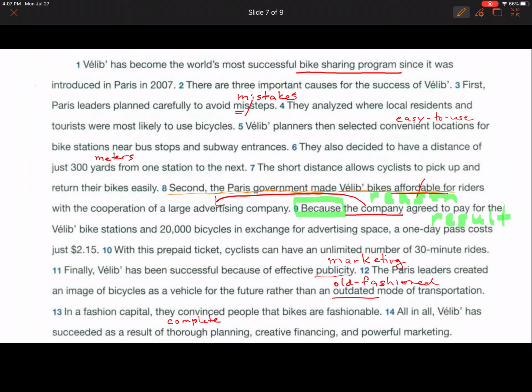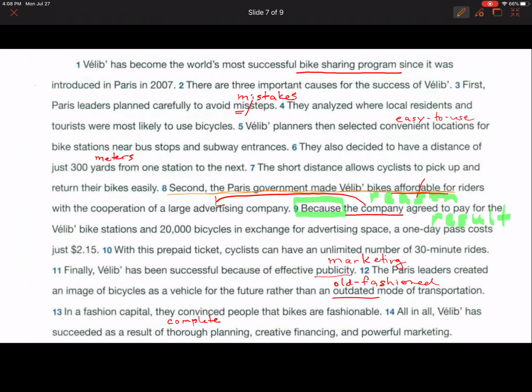All in all, Vélib has succeeded as a result of thorough planning or complete planning, creative financing through the advertising company in exchange for advertising space, and powerful marketing, making riding bikes fashionable.